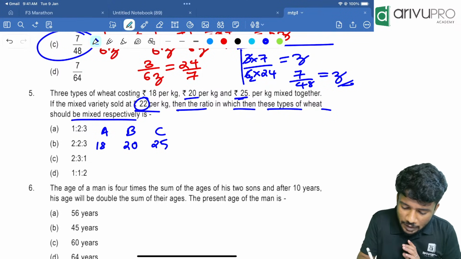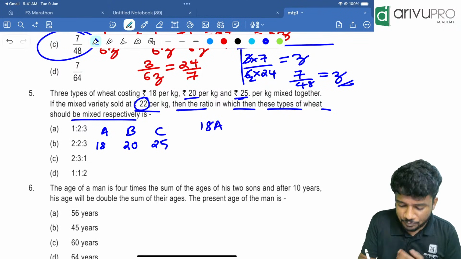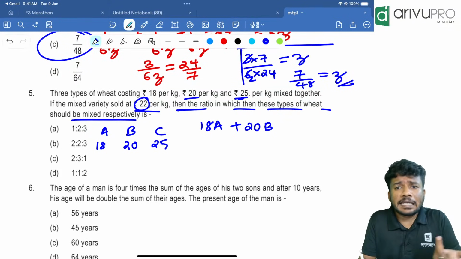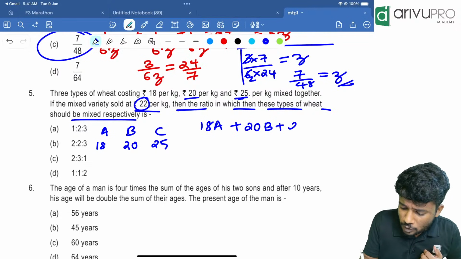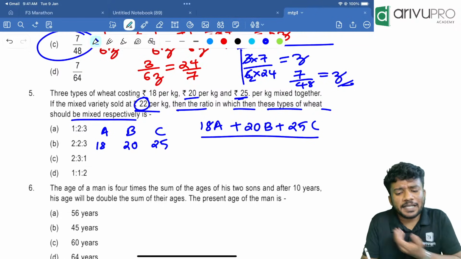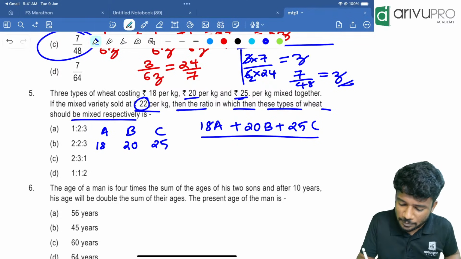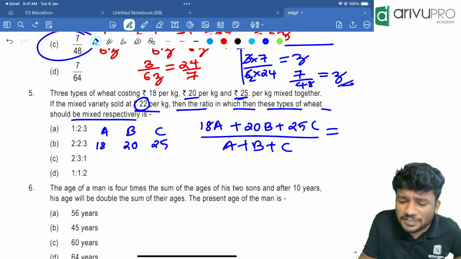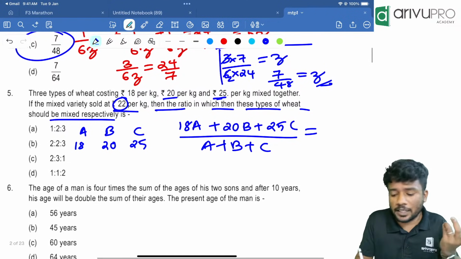So people, can I write it as 18A plus 20B plus 25C, where A, B and C we can take as the weights of them, divided by the total weight, X plus Y plus Z or A plus B plus C, which is equal to 22.